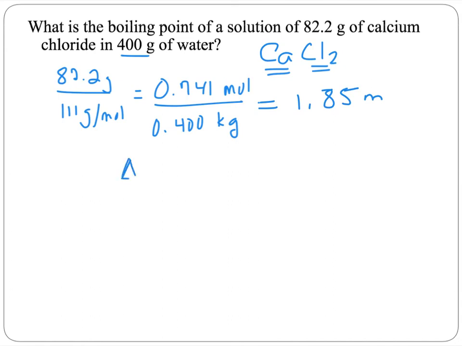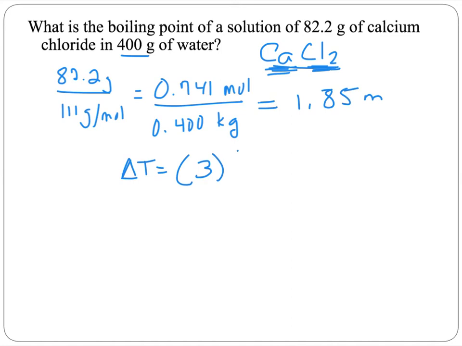So our change in temperature is going to equal a positive number of ions. Well, how many ions are we going to get here from our calcium chloride? When it falls apart, they will all separate, 1 calcium and 2 chloride ions. So we need to multiply by 3 because there'll be 3 moles of particles for every mole of calcium chloride.